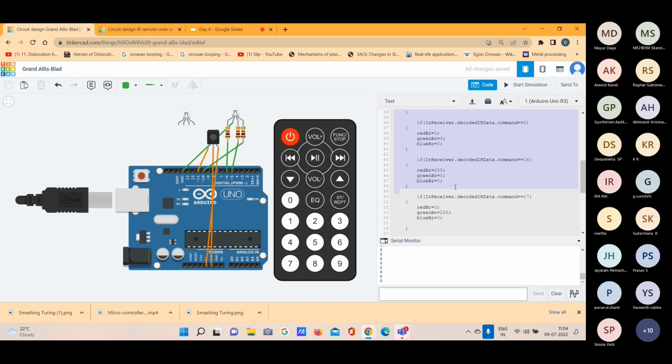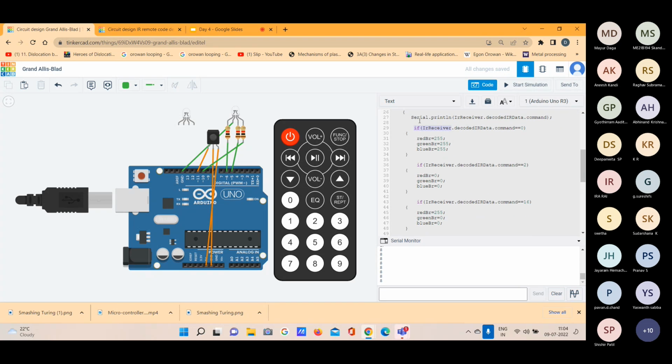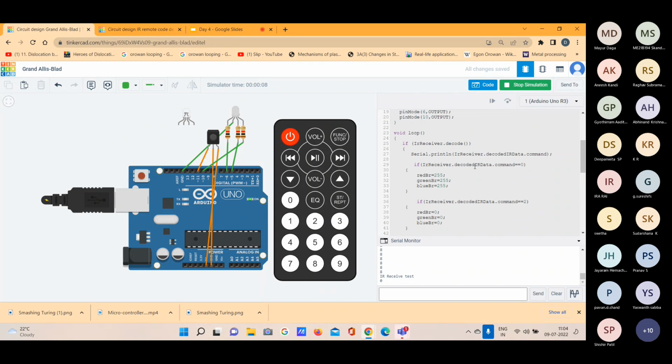Now this is the logic we use. See that when I press this, I receive 0. If after pressing this I get 0 and it matches this if statement, it will go true and set the brightness of red to 255, green to 255, and blue to 255 as well.